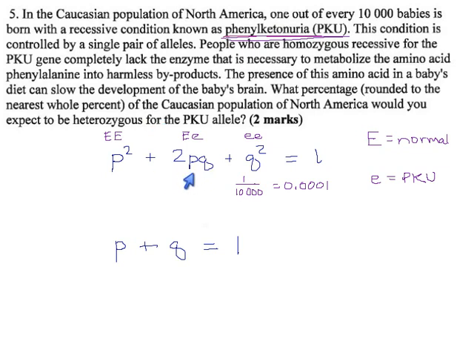To find this, we need P, which we do not have, and Q, which we do not have, although we're close. So let's get to work on this. This number, the 0.0001, is our Q squared. So we can start our math by saying Q squared is 0.0001. Now, we don't want Q squared, we want plain old Q. So we want to get the square off of this.